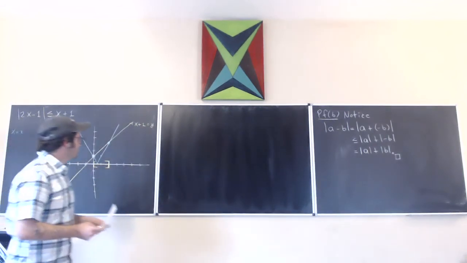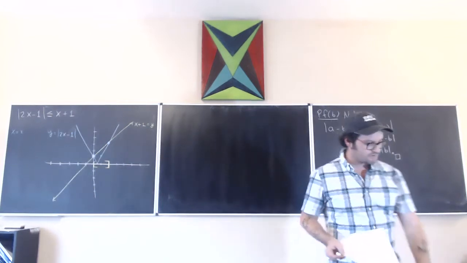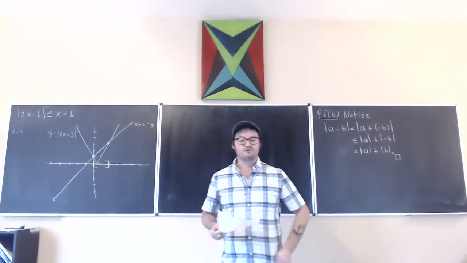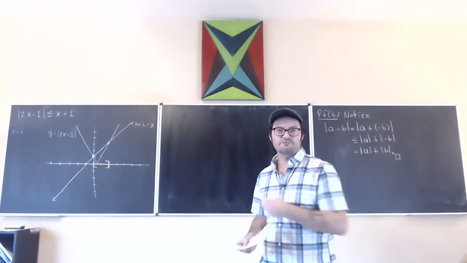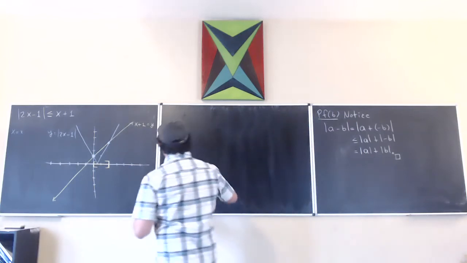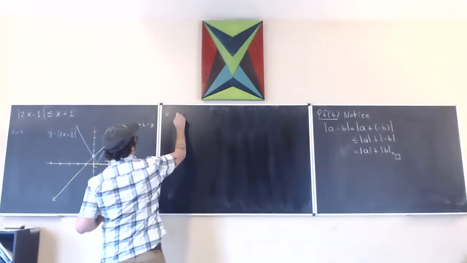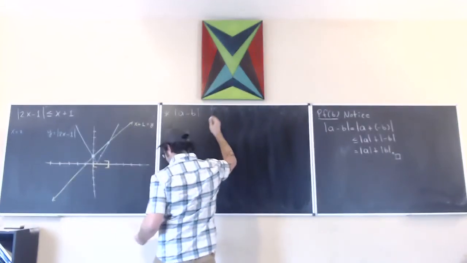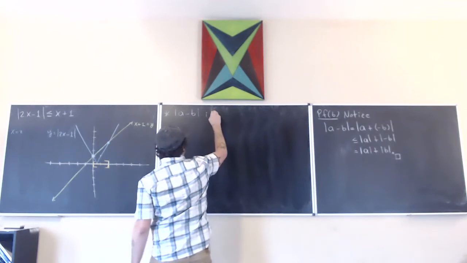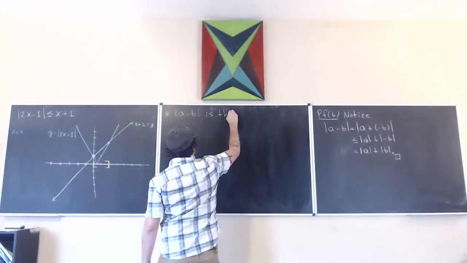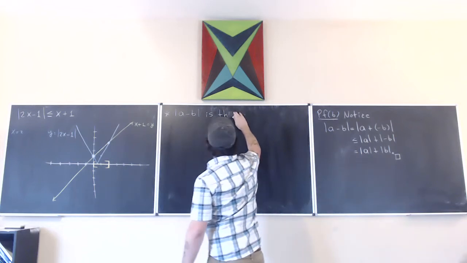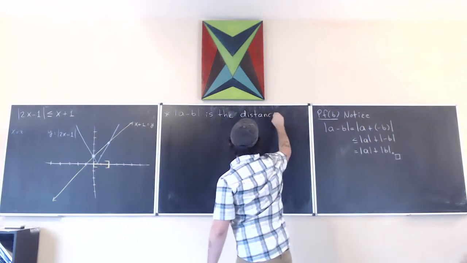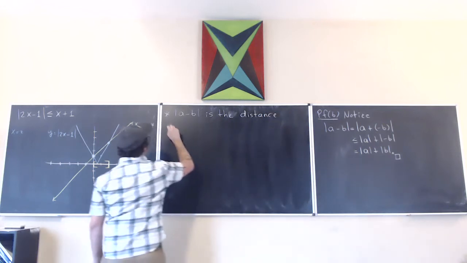So when considering these real number lines and these drawings, as I mentioned at the beginning of class, the absolute value can be thought of as the distance from that scalar to 0, right? So in particular, or more generally, the absolute value of a minus b is the distance between a and b.